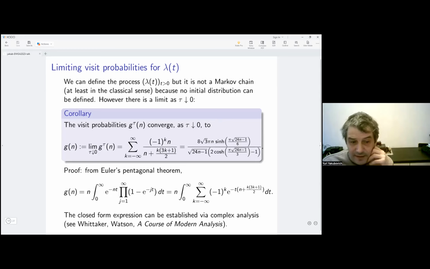And then this sum can be interchanged with the integral, and the integrals are explicitly taken, and this gives this series expression, and this series has this closed form. It is some complex analysis, so it's quite a standard calculation, but actually I haven't seen this formula, but I believe it is kind of an exercise in complex analysis.